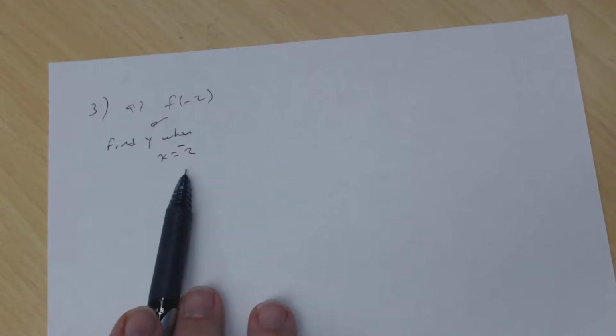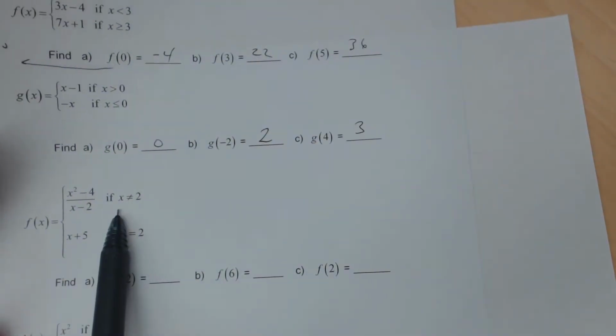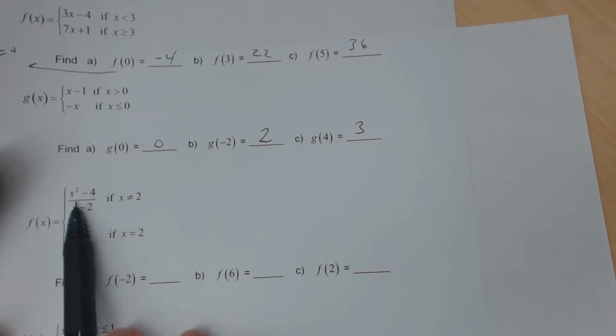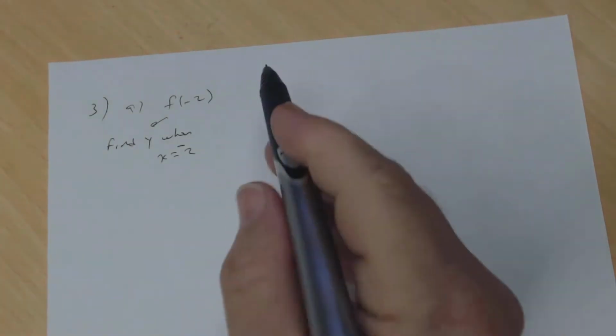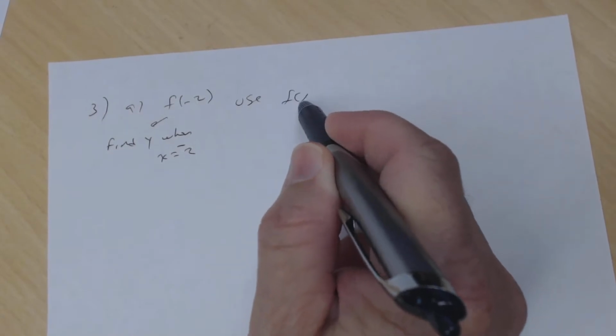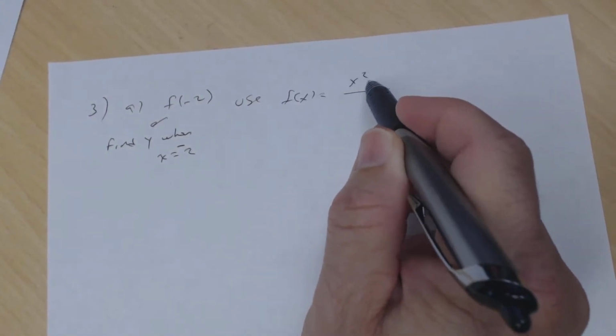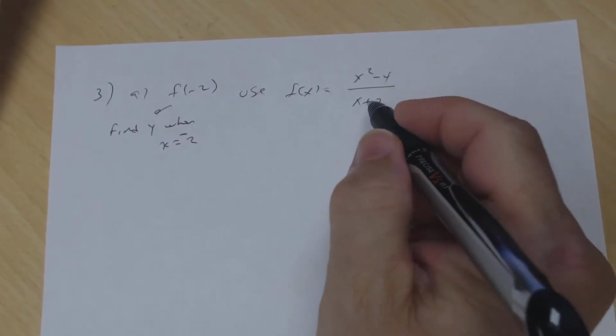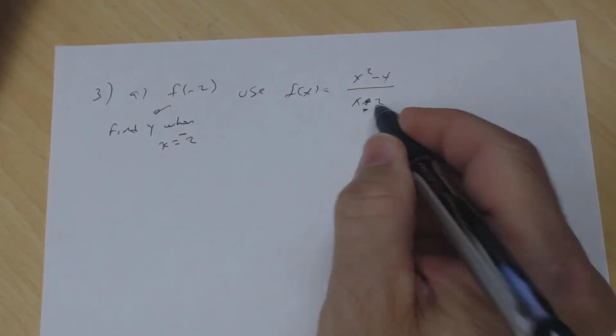No, x is equal to negative 2. So I have to use this one, the one where x is not equal to 2. Where you see the variable x, I'm going to plug in negative 2. So I must use f of x equals x squared minus 4 over x minus 2. That's the one I must use.